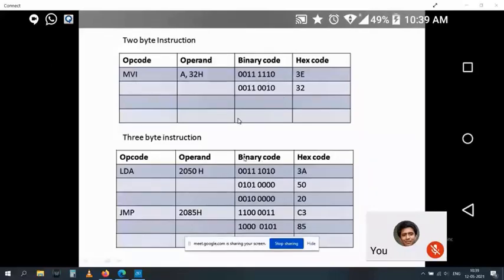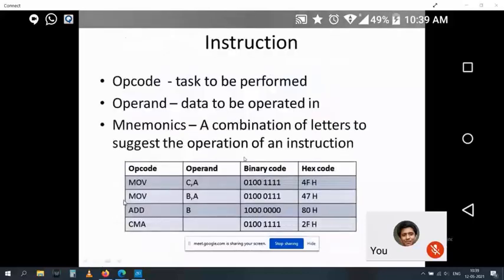Ma'am, in the previous example where you wrote move C, A, does it mean the value of C is overwritten by A?